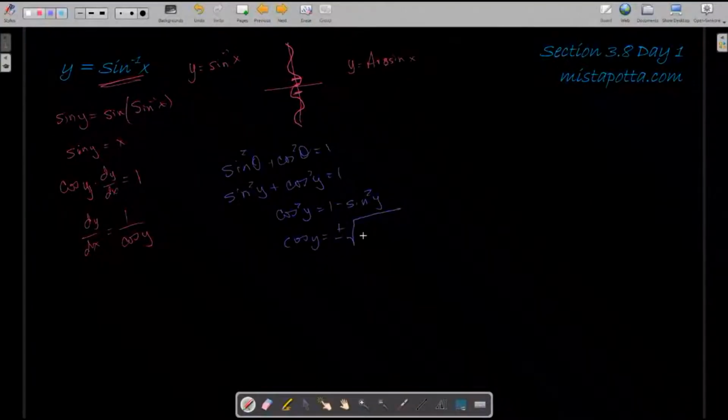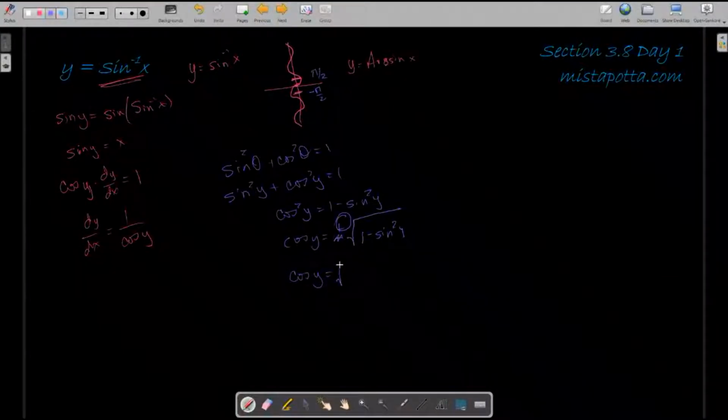Now, normally when I'm taking the square root in this situation, I would have a positive and negative square root. However, for the angles that we're considering, from negative pi over 2 to pi over 2, cosine is strictly positive. In other words, I'm not going to have to worry about this negative sign.